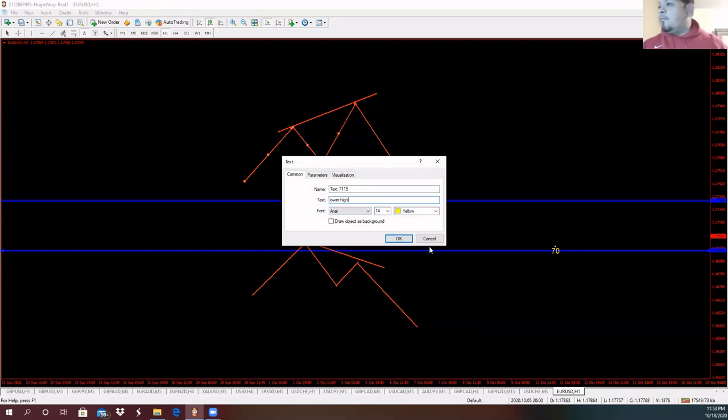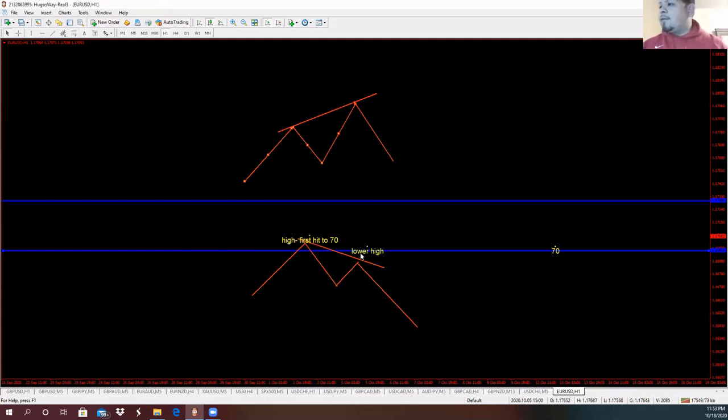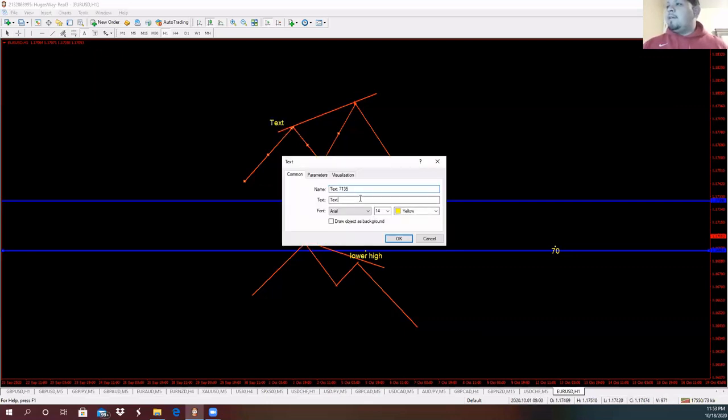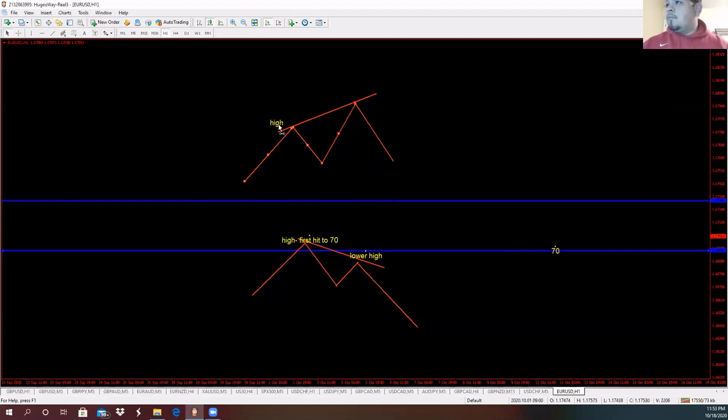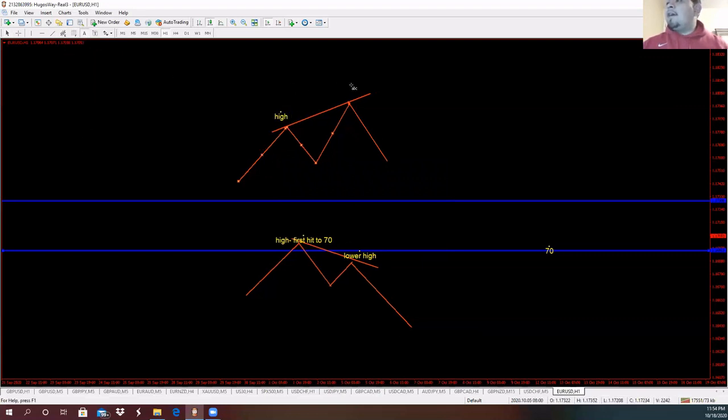And then we have a lower high on the RSI. And if we just mirror them up on price, our first hit to the RSI gives us a high and our lower high on the RSI gives us a higher high.